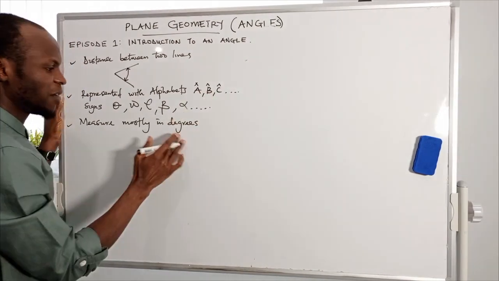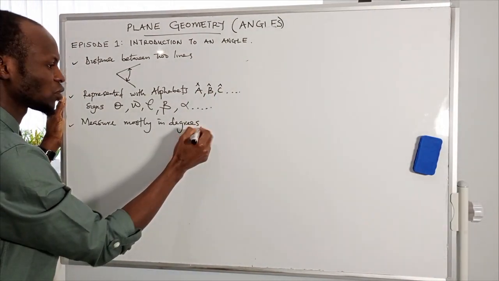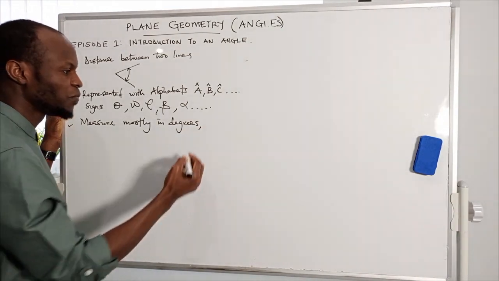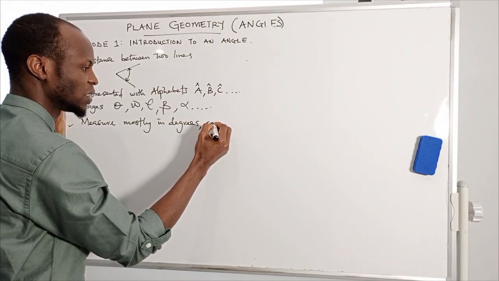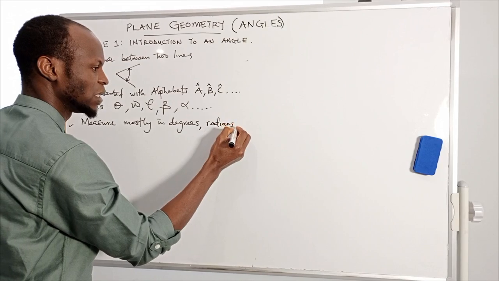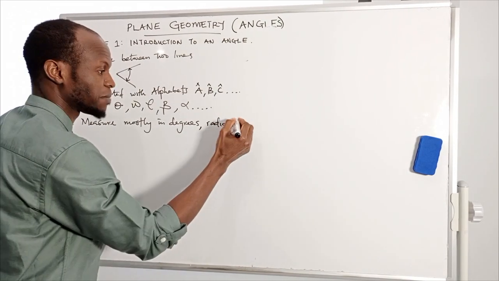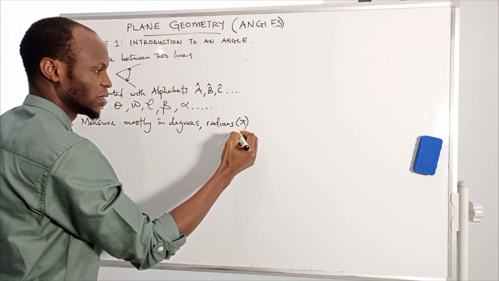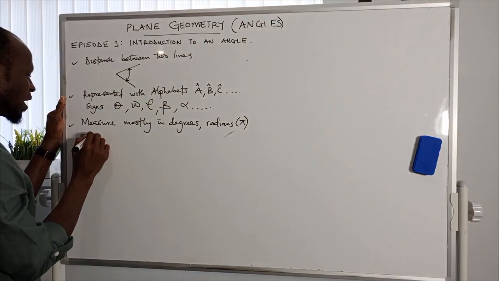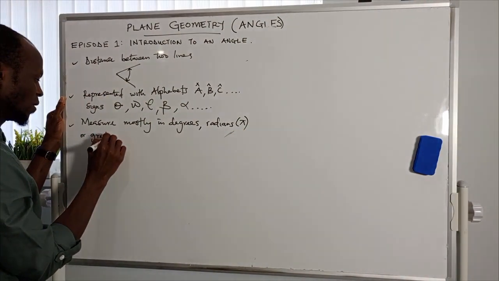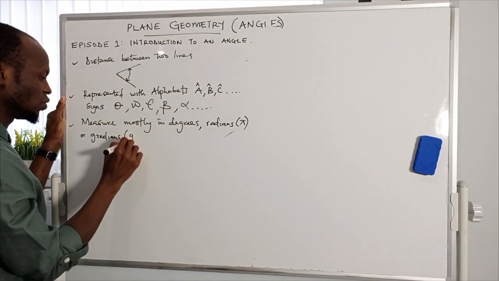Okay? So apart from degree, we can also measure or represent an angle in radians. And radians is also known as pi. Okay? Or in gradients, which you also know the unit is grams.